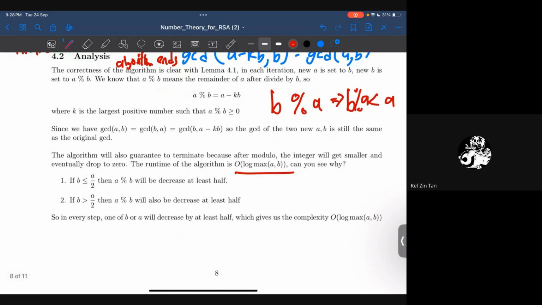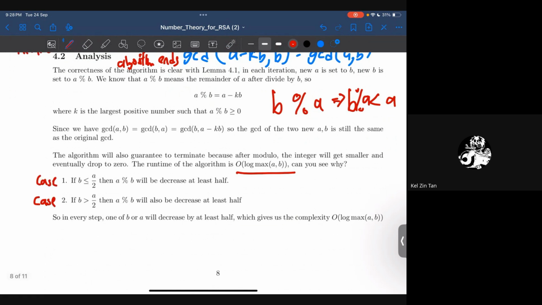You see that in each step we look at B. There are two cases. This is case 1, this is case 2. If B is smaller than or equal to A divided by 2, there can only be two cases, because you are either smaller than this or larger than this.